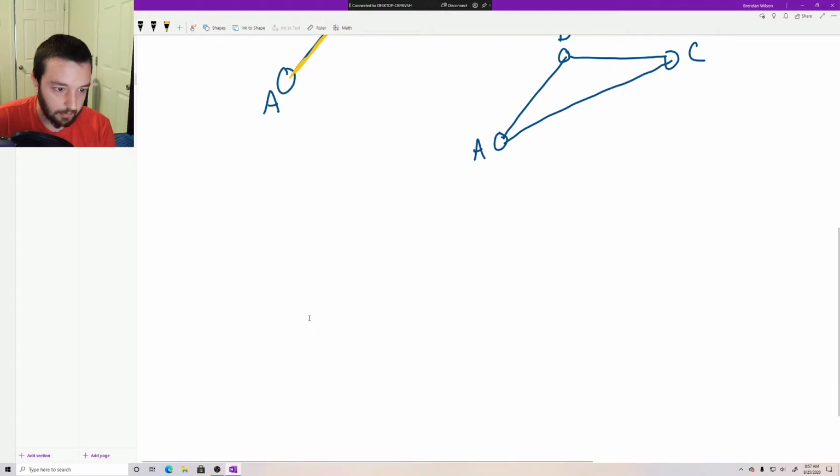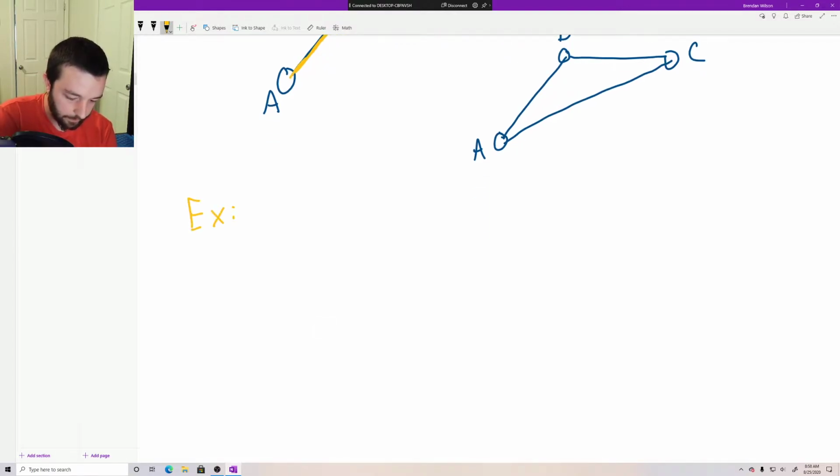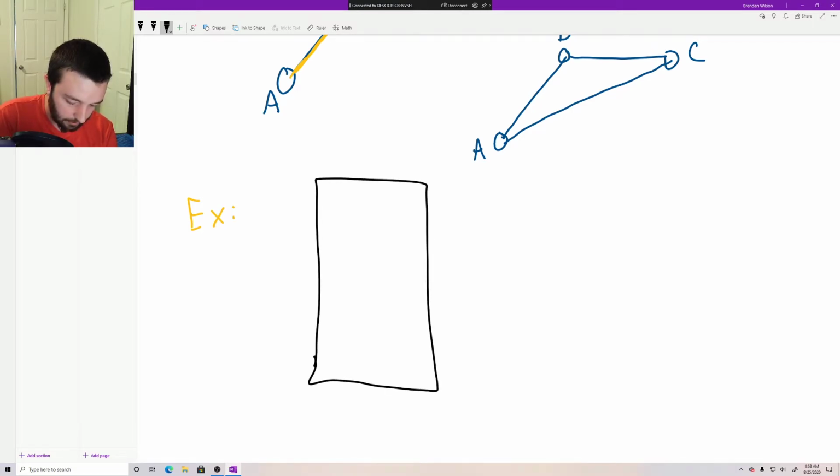So let's look at the example in the book. So we have this rectangle with vertices at the corners. We have one in the middle and one on each middle actually.